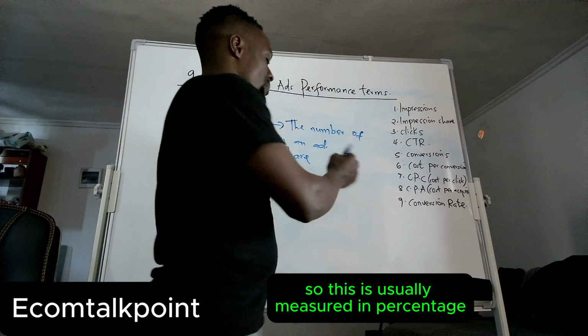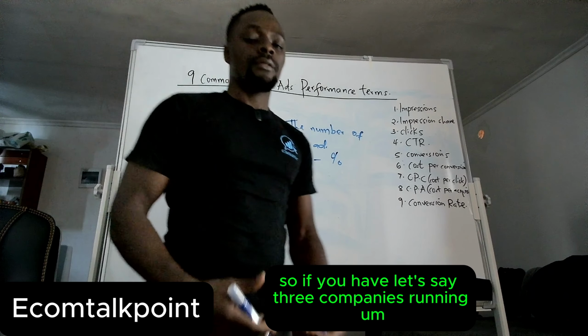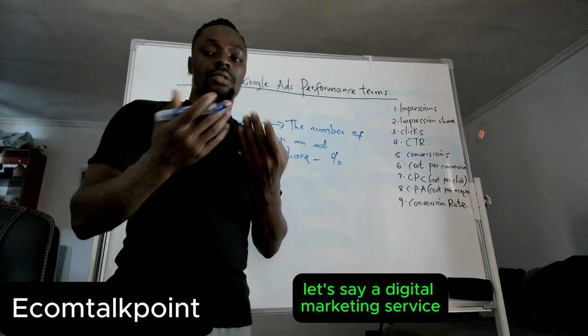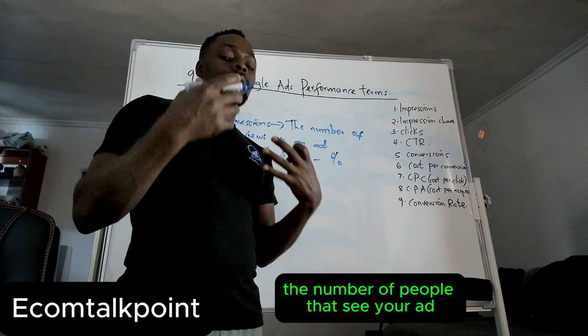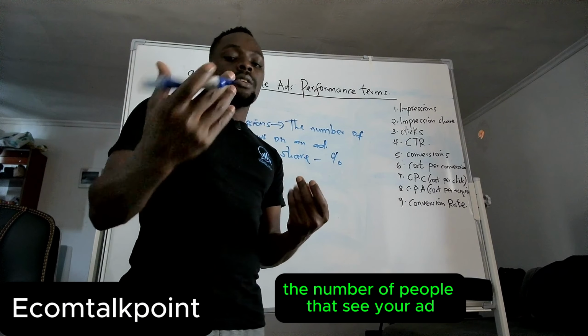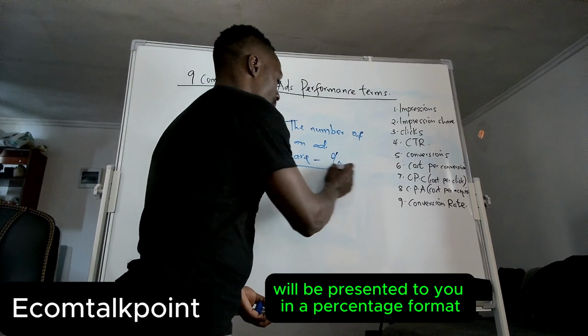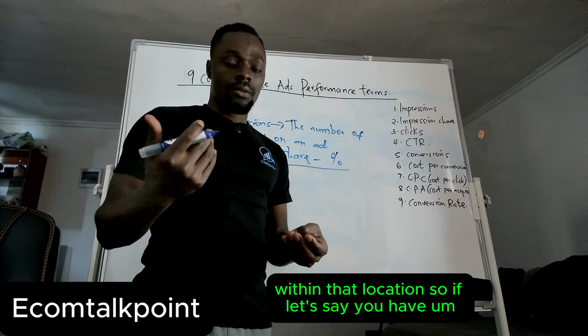This is usually measured in percentage. So if you have, let's say, 3 companies running digital marketing service campaigns within a certain location, the number of people that see your ad will be presented to you in a percentage format based on all the available potential clients within that location.